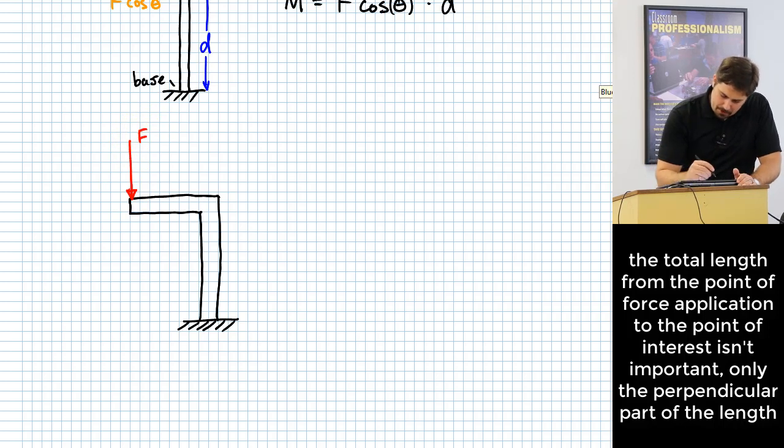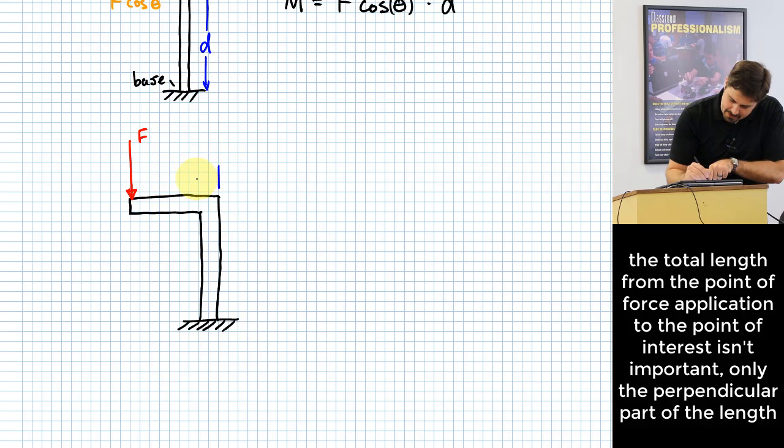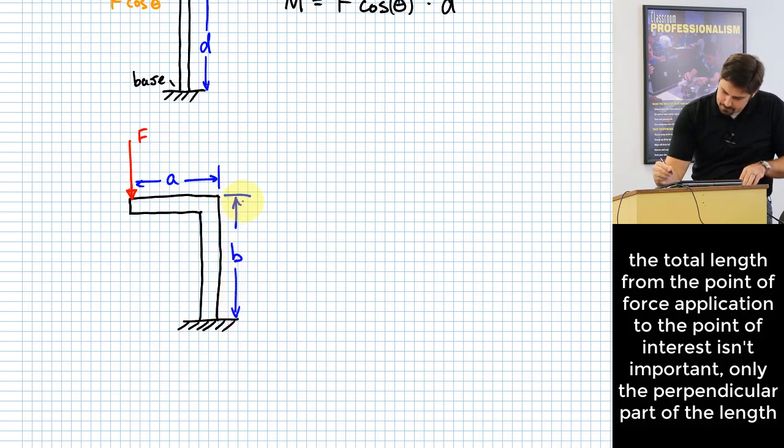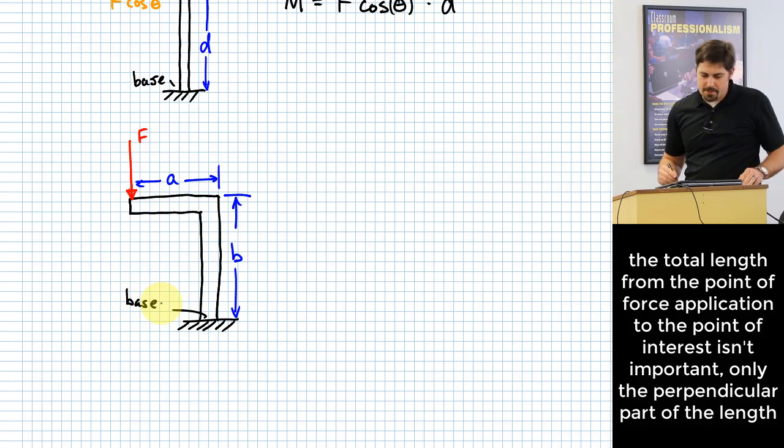And I happen to know that this body has a dimension here of A and a dimension here of B. Again, we're going to look at about the base. What's the moment that's created about the base?